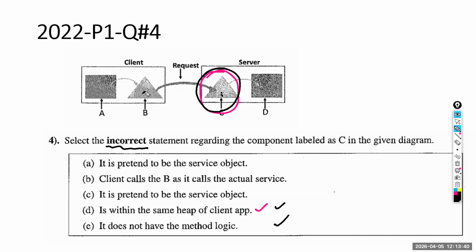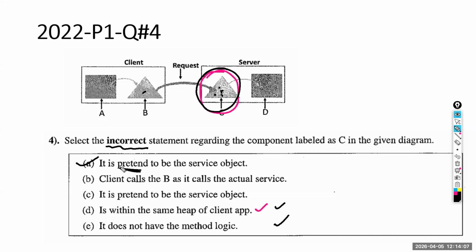For the stub, the object is this, but the real object is this, and this guy is the object that your stub calls. So therefore, it's correct, right? It pretends because it is not the real service. The real service is this, but it pretends as the service because it can handle the complexity.